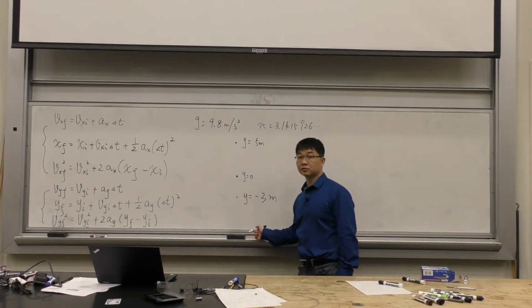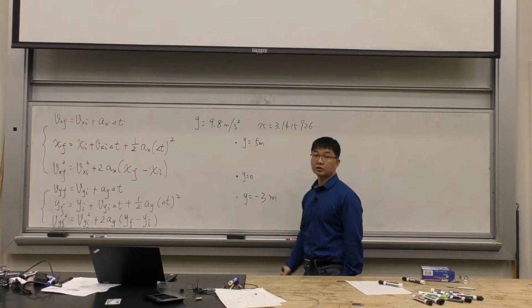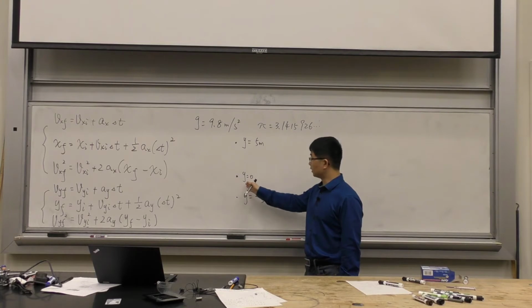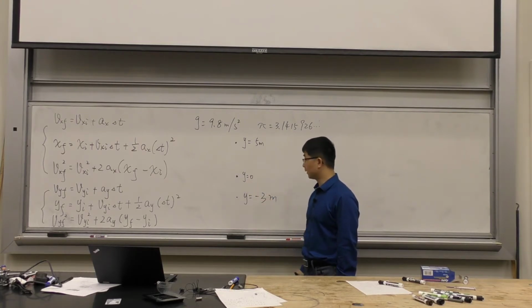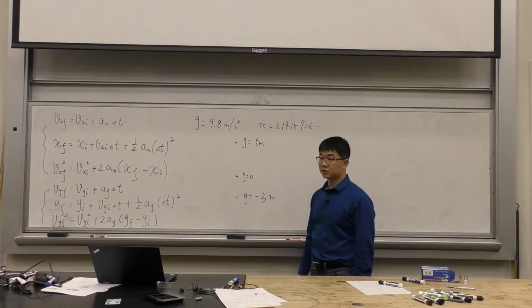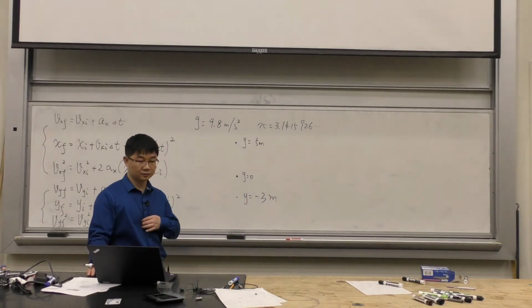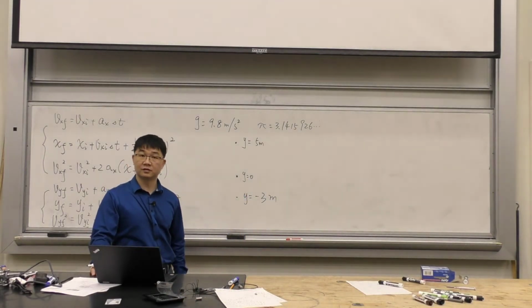You can't get a positive number if you want to plug in the height of this point in those equations, after you have picked this as your zero reference point. Anything lower than the zero reference point is going to have a negative value. Negative height. Don't be afraid of negative height.